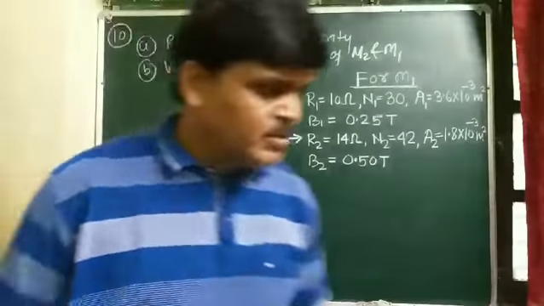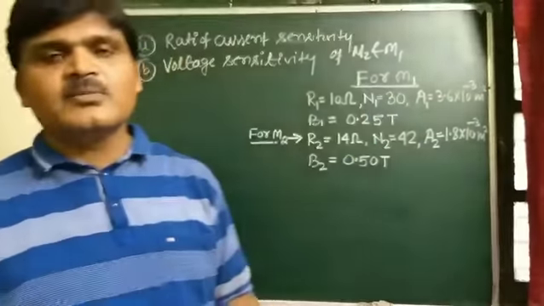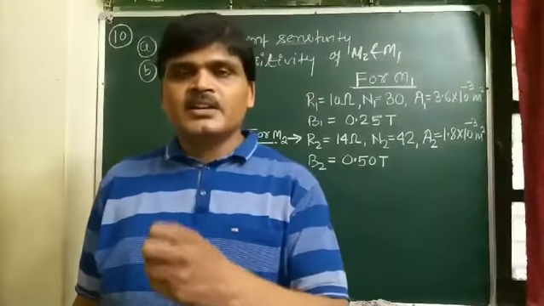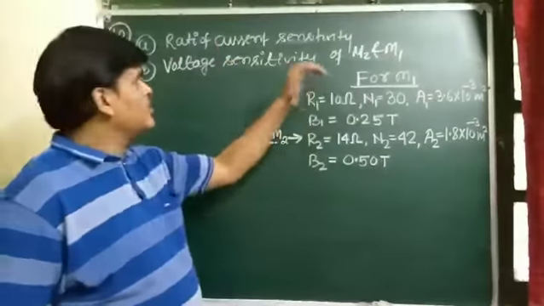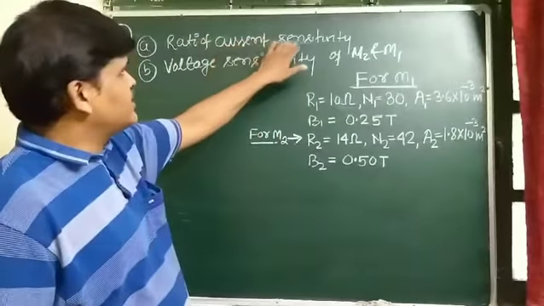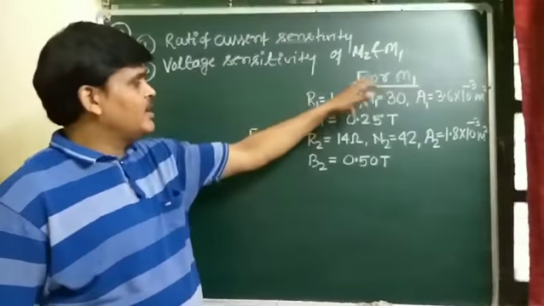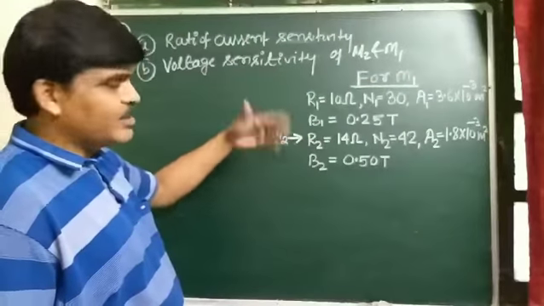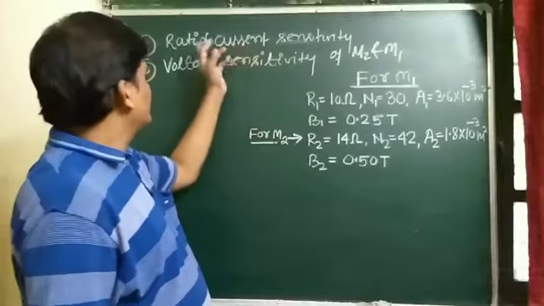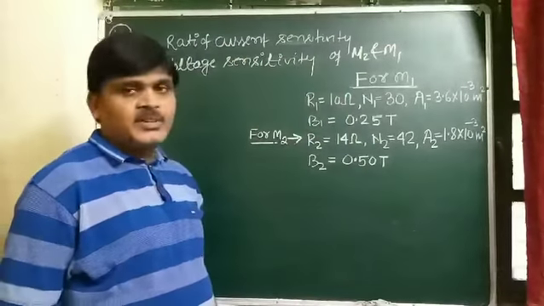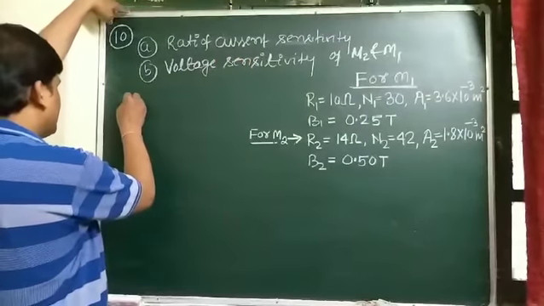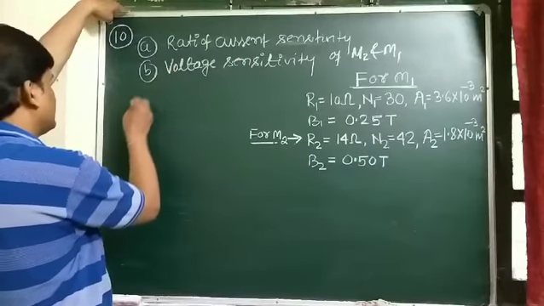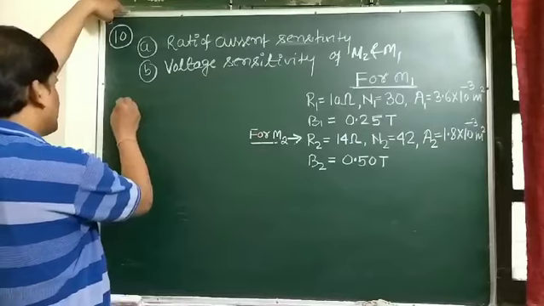So student, you know the formula of current sensitivity: NBA by K. Now I am going to write the current sensitivity for meter 1 and then for meter 2, and the ratio of M2 by M1 for current sensitivity. First, current sensitivity for M1.